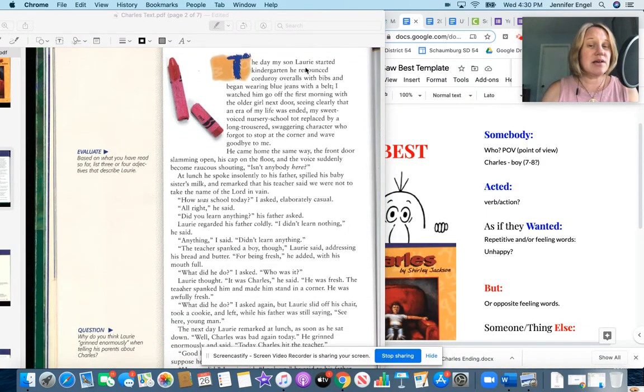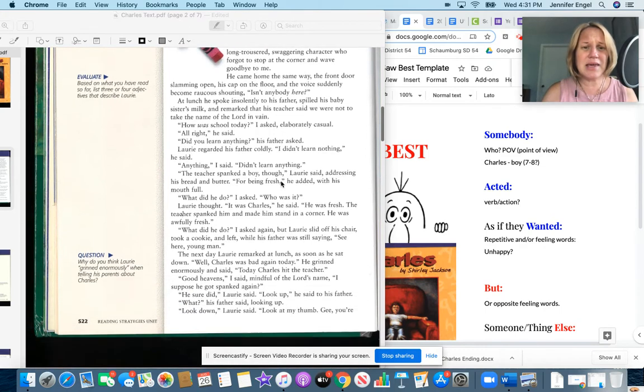The day my son Laurie started kindergarten, he renounced corduroy overalls with bibs, and he began wearing blue jeans with a belt. I watched him go off the first morning with the older girl next door, seeing clearly that an era of my life was ended. My sweet-voiced nursery school tot replaced by a long-trousered, swaggering character who forgot to stop at the corner and wave goodbye to me.